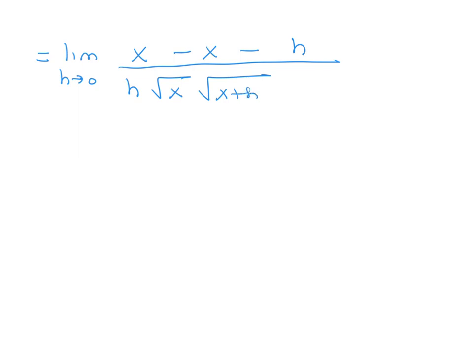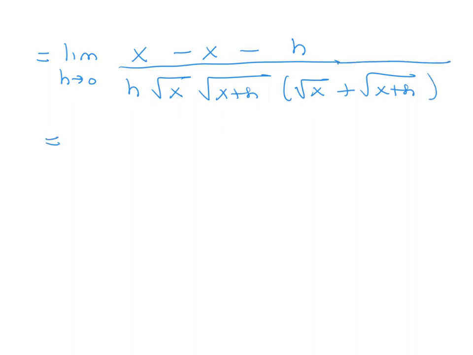If I distribute the negative, we'll have the limit as h goes to 0 of, so it's really x minus x plus h, it's supposed to be an h. In the denominator, we have h, the square root of x, the square root of x plus h, then multiplied by the square root of x plus the square root of x plus h. All that stuff, a lot of stuff.